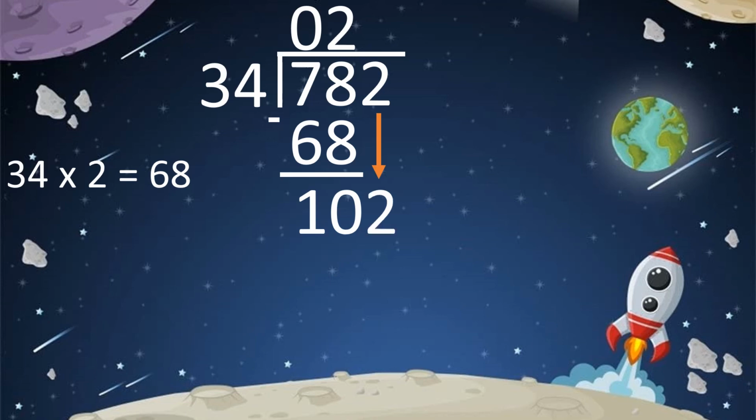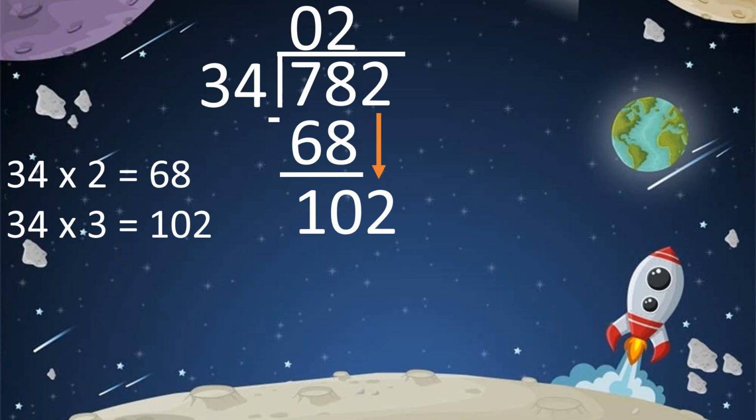Then we would see how many times 34 would go into 102. We would have to use guesswork. Let's try and do 34 times 3. 34 times 3 is exactly 102.